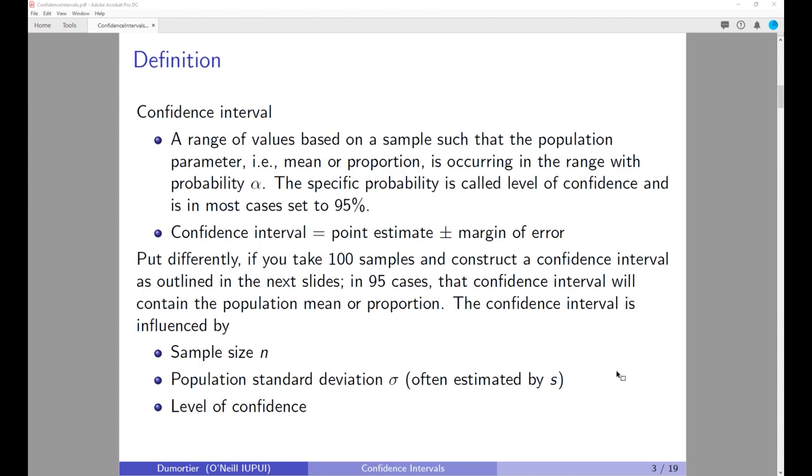Okay? We will see that the confidence interval is influenced by three factors: the sample size, which we will call n, the population standard deviation sigma, and also the level of confidence, meaning if it's 95%, 90%, or 99%.